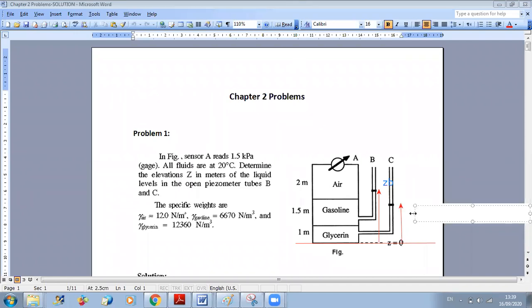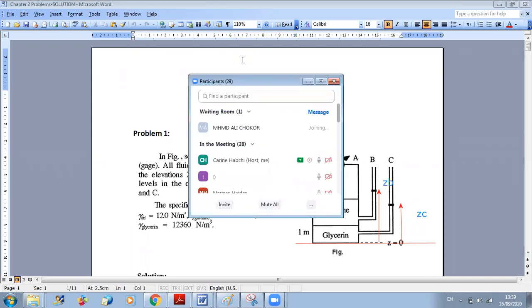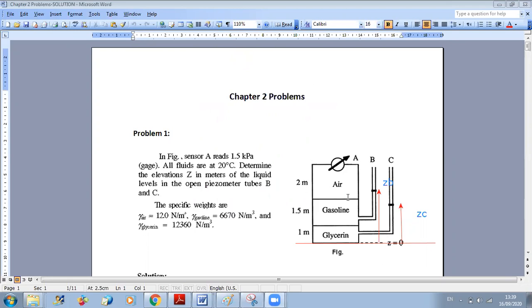Now, in order to solve for the elevation, I should relate the pressure in the tubes and in my reservoir, okay? So let me start with the elevation in B. I will start from point A. Why will I start from point A?